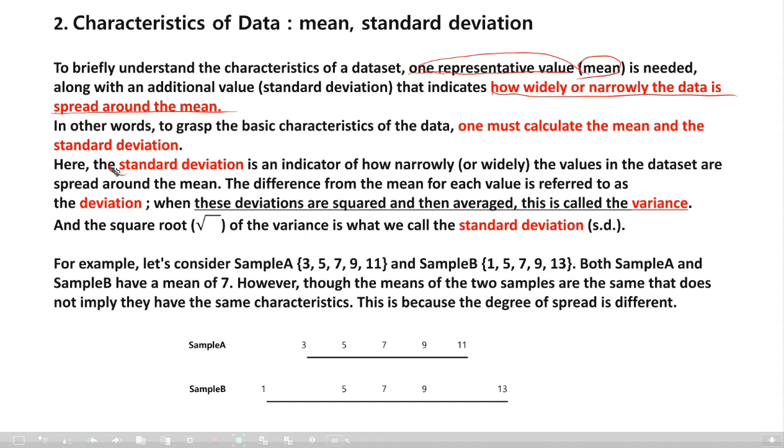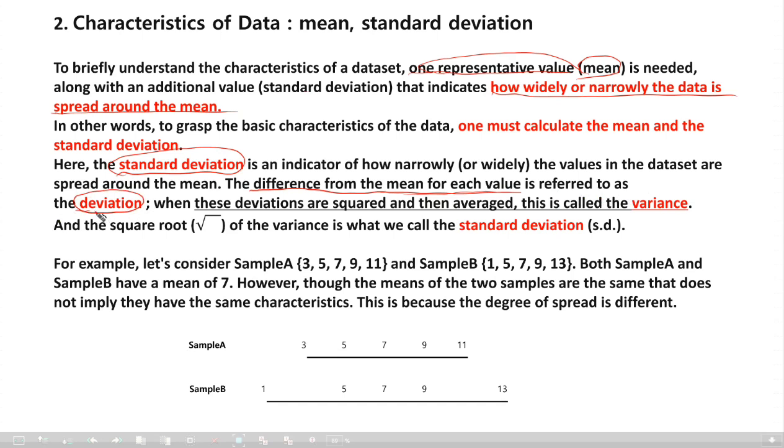Here, how to get standard deviation. It is an indicator of how narrowly or widely the values in the dataset are spread around the mean. First, the difference from the mean for each value is referred to as deviation. Deviation is another statistics terminology.